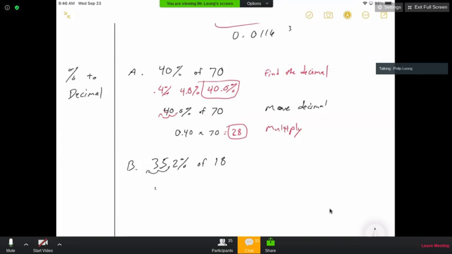So that becomes 0.352 times 18. Put that in our calculator, and you get 6.3. Yeah, put that in your calculator. You should get 6.3. Good? All right. Once you get the hang of it, it goes really fast.